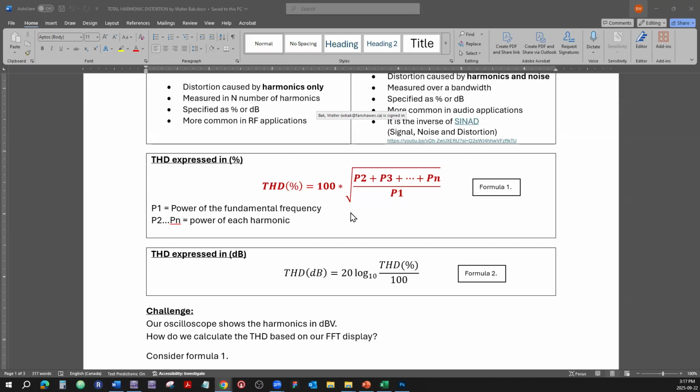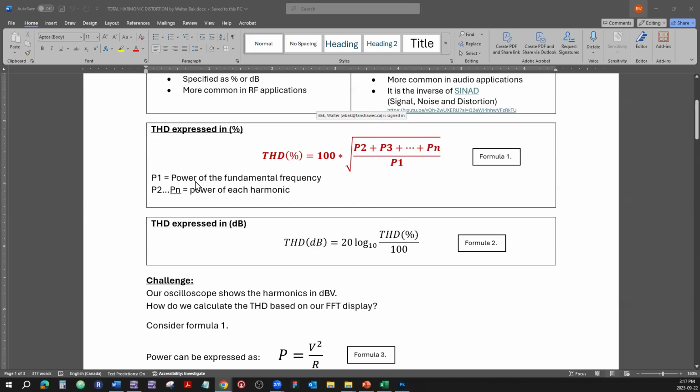It will have no unit except just a percentage because we are dividing power by power, so the units will cancel. And we're going to call this, for our purposes on this sheet, Formula 1. Here's the explanation of things.